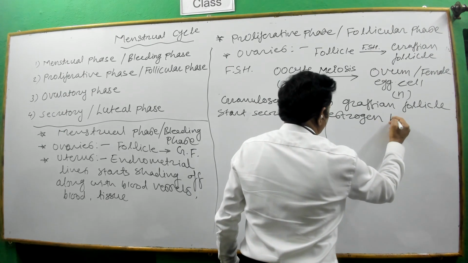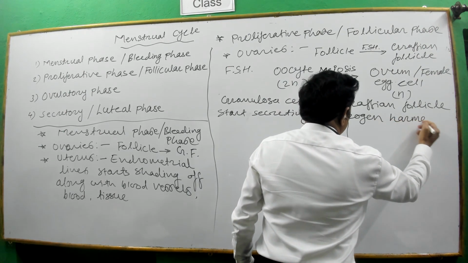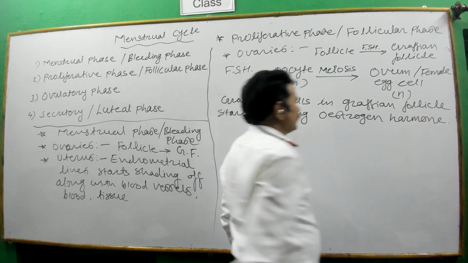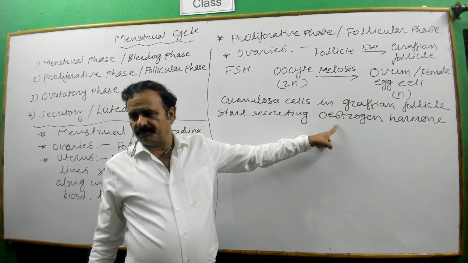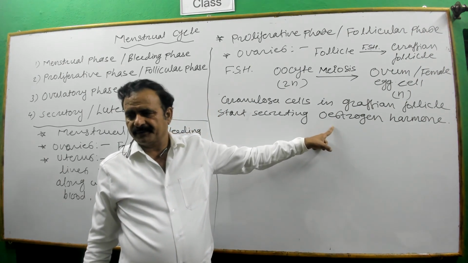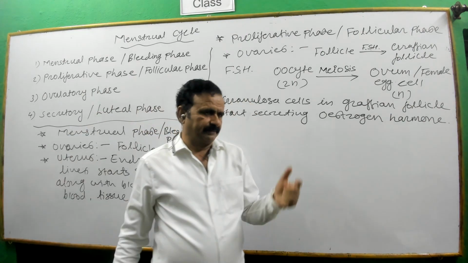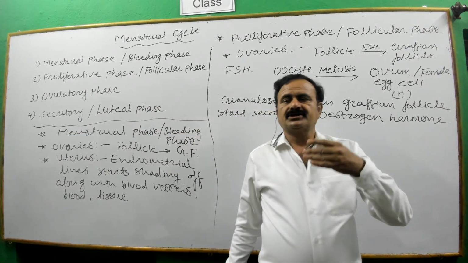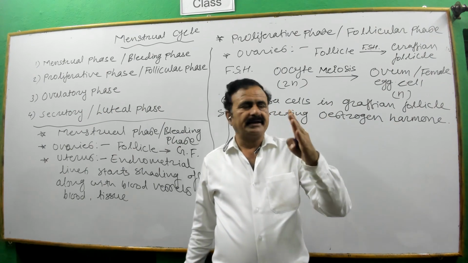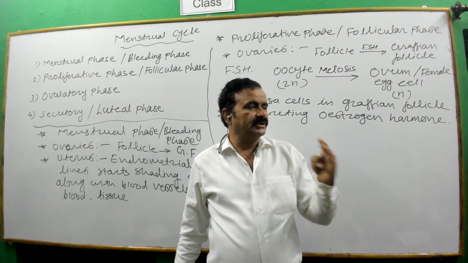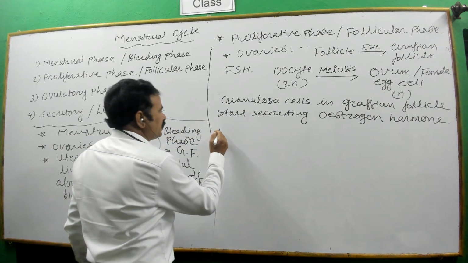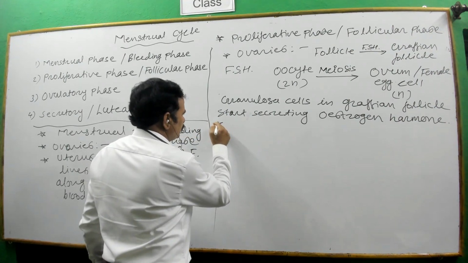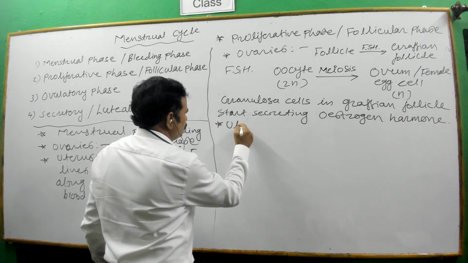Estrogen hormone. And because of the secretion of estrogen hormone, due to its effect, the endometrial lining starts developing on the endometrium wall of the uterus, which is the innermost wall of the uterus of the mother. Clear? So because of this, what kind of changes take place in the uterus?